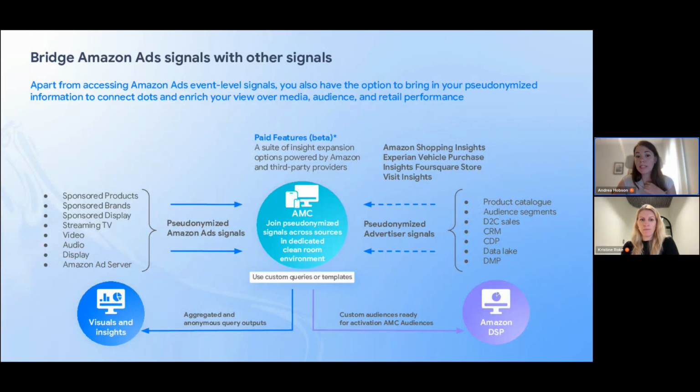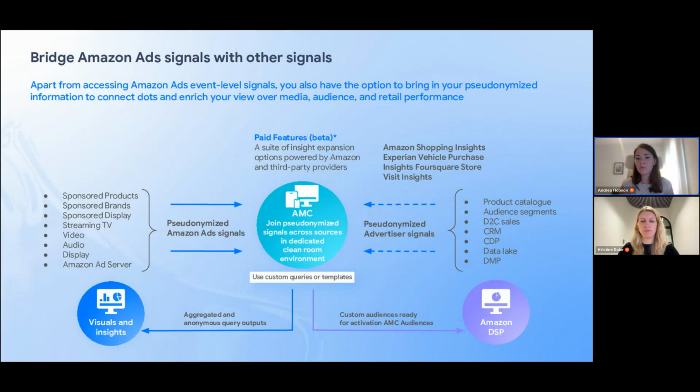Beyond the signals, AMC also allows you to bring your own pseudonymized data and connect it with Amazon signals. This enriches your understanding across media, audiences, and retail performance, creating a more complete view of your campaign. AMC offers expansion options powered by Amazon and third-party providers, and by combining these signals, you gain additional context that goes beyond the standard reporting you can access in other tools.